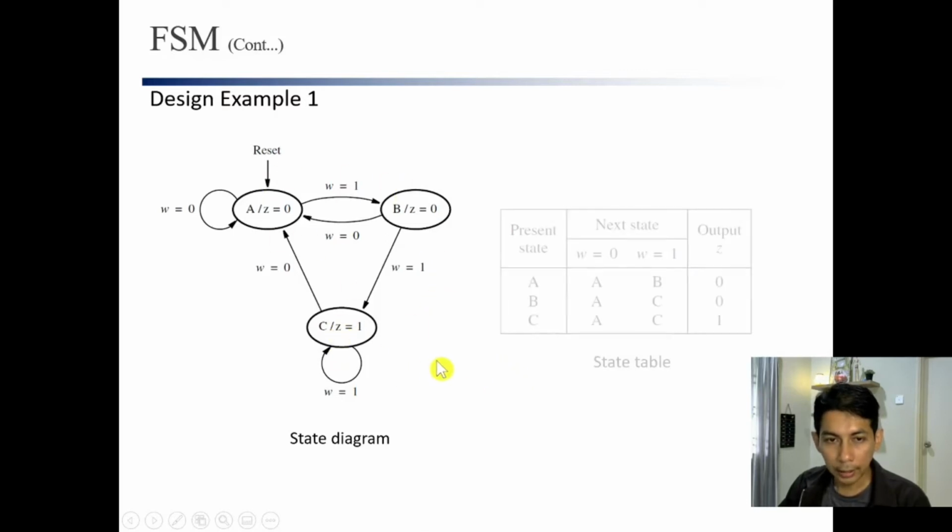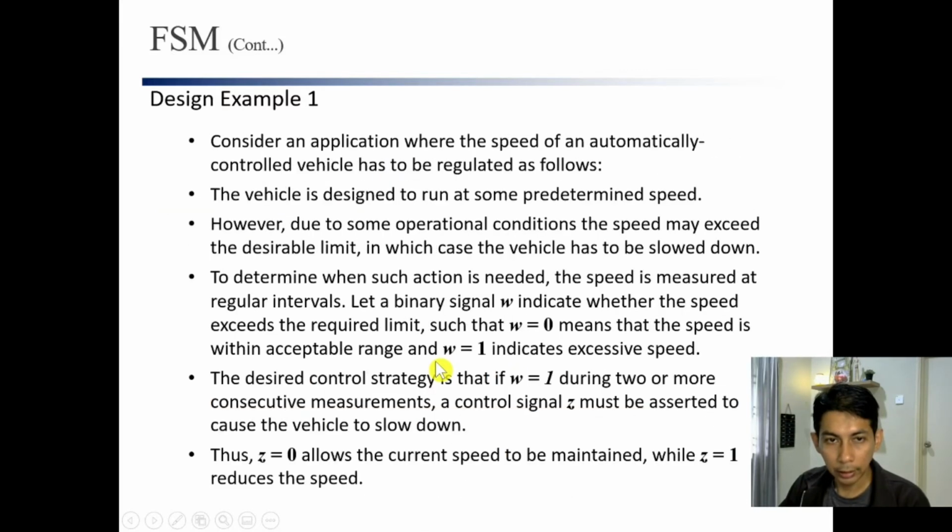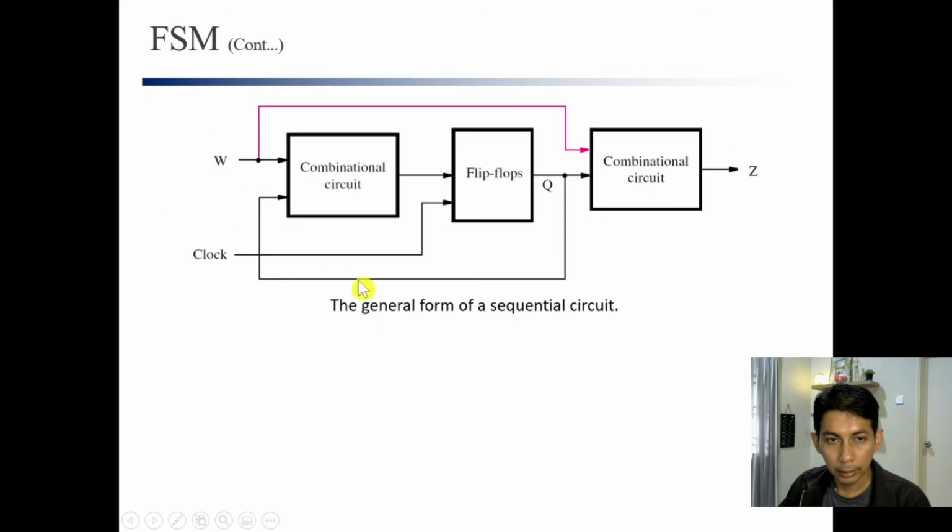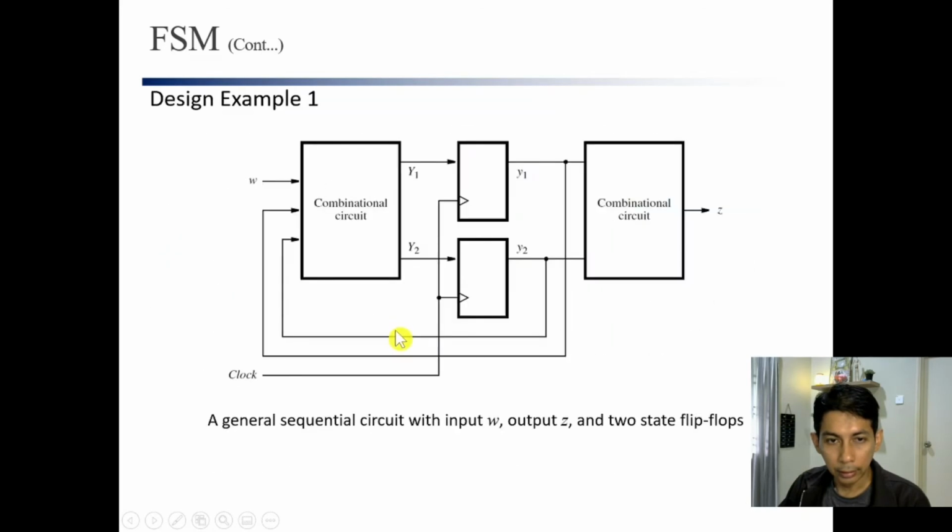So in this case, you will need two flip-flops, and you need the combinational circuit as the input to the flip-flops.